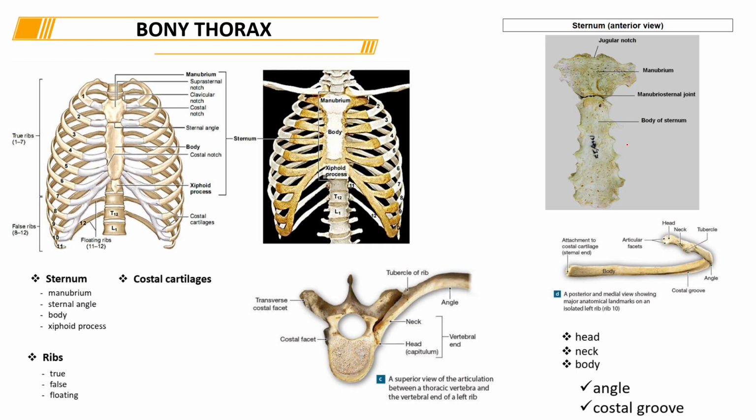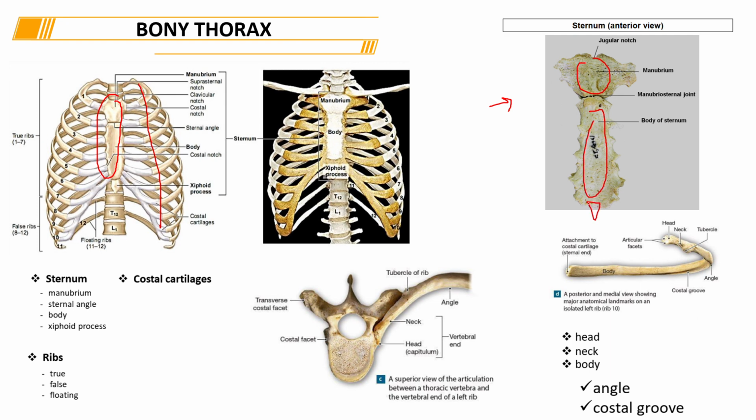Last one, the bony thorax. It is composed of the ribs, 12 ribs, and the sternum. Let's look at the sternum first. The sternum is composed mainly of 3 parts: the manubrium, body, and the xiphoid.